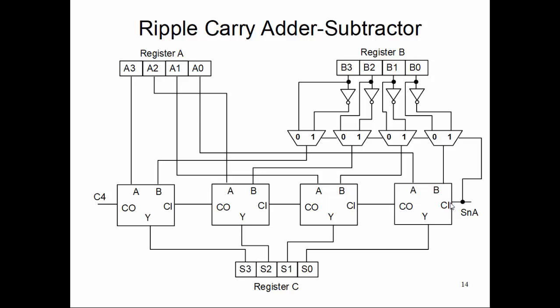And now, depending on this value of SNA, we have to select either the complemented form of B or the uncomplemented form of B. Okay. So we can definitely deploy a multiplexer. That's a hardware decision making component, which we studied a few lectures back.